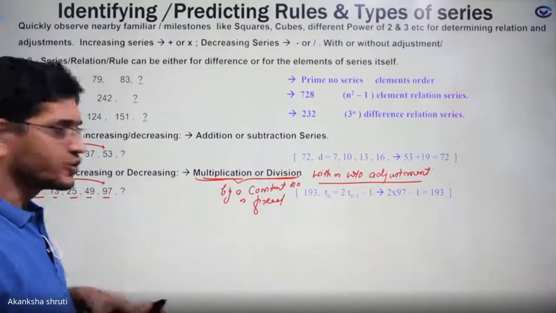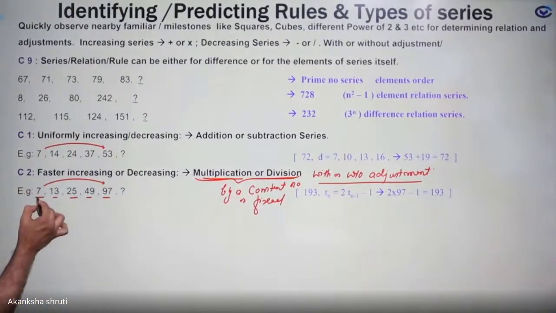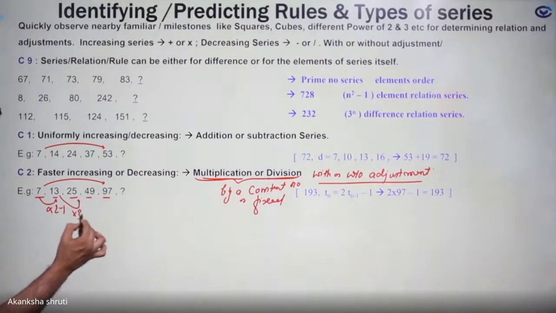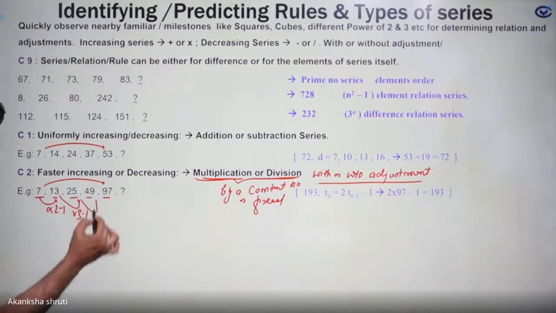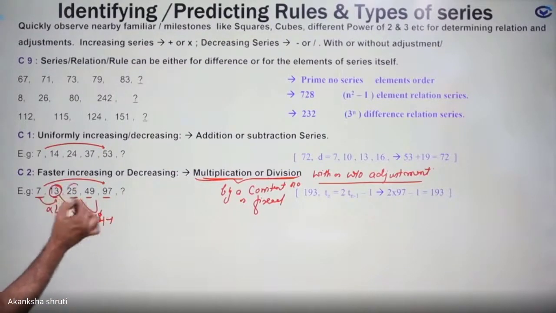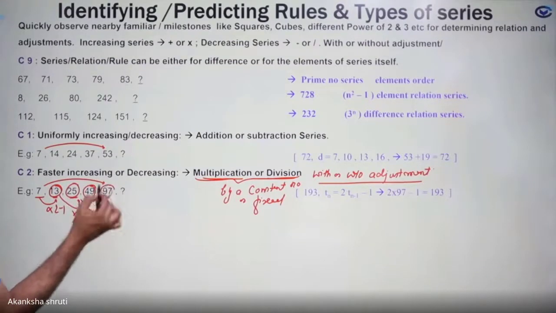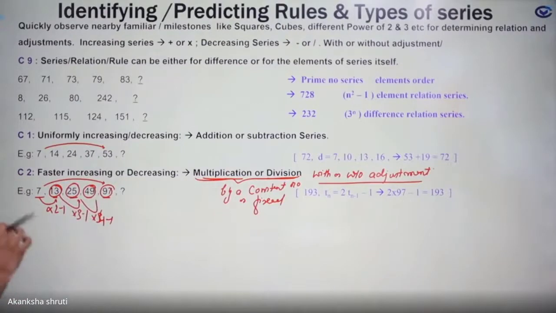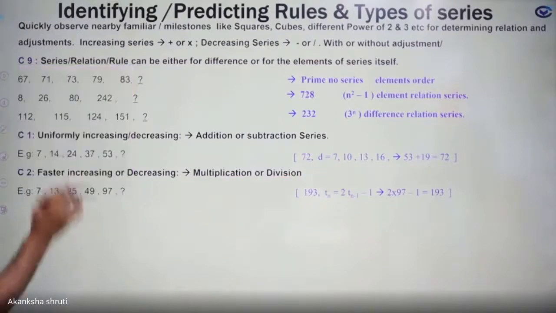But you may think, if I am multiplying this 7 by 2 minus 1, and this 13 by 3 minus 1, and then this 25 by 4 minus 1, then this number will be very, very large. It means the increase will be very rapid or very fast. That kind of variation we are going to see in our next category.